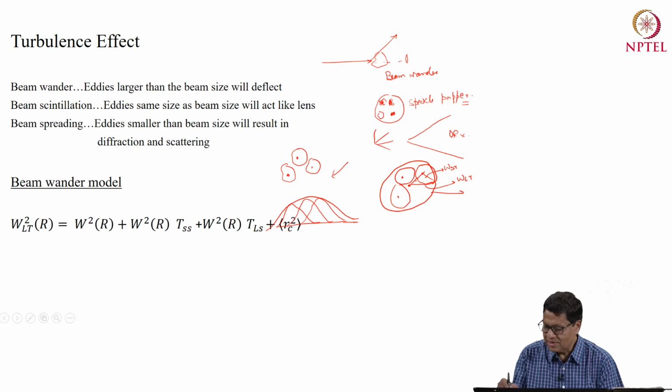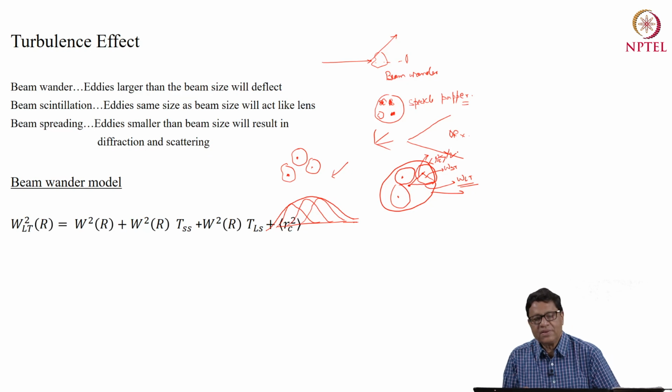The beam size is short term because of the hotspots, and the combined effect of the hotspots and the centroid moving of the beam results in a bigger circle of radius omega LT. This is the beam wander, which has some average value, r_c square. So this is the beam wander effect.